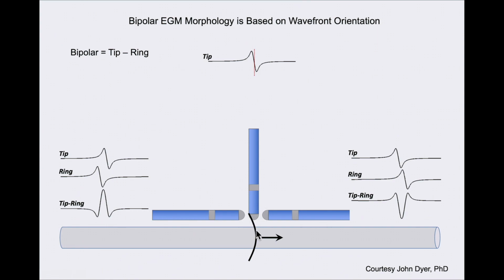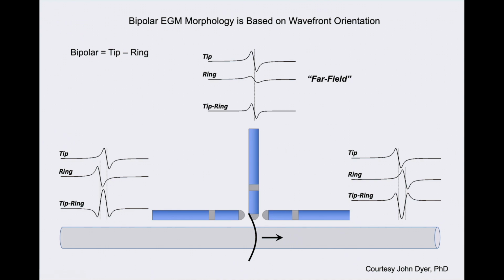As that wave crosses, it will record the same timing, but this electrode is located a distance away from the tissue. So the potential is going to be smaller, and it's going to be a lesser slope. It will be less steep or rounder. In other words, this is a far-field electrogram.